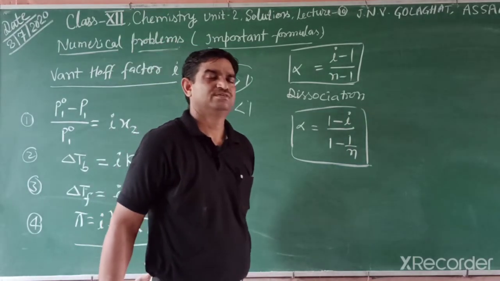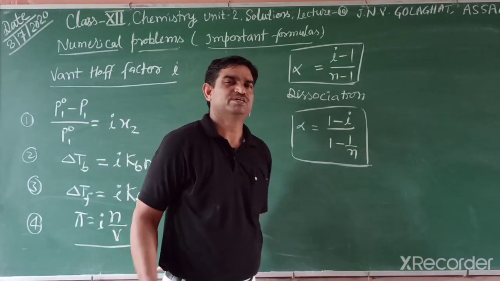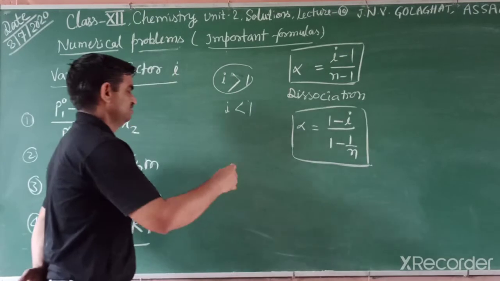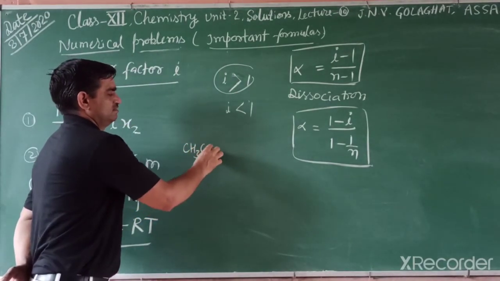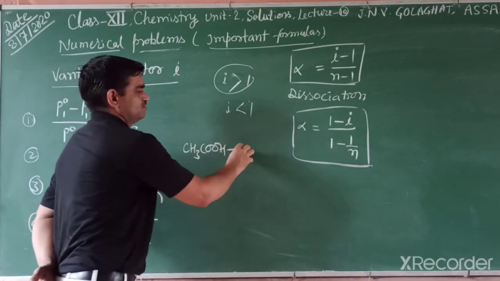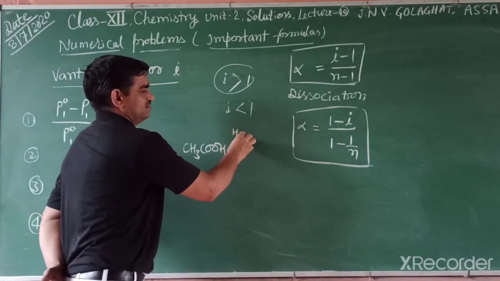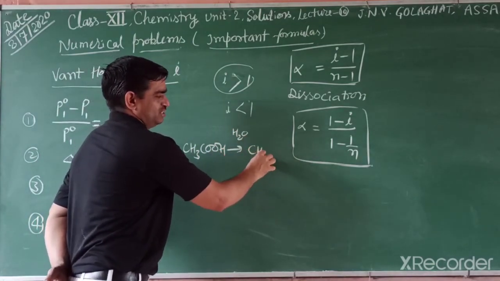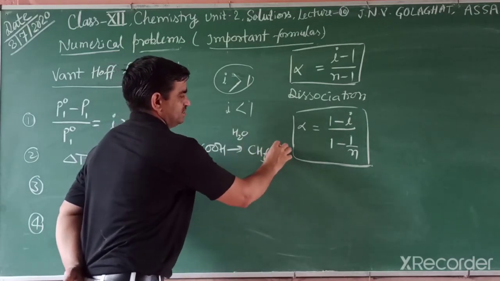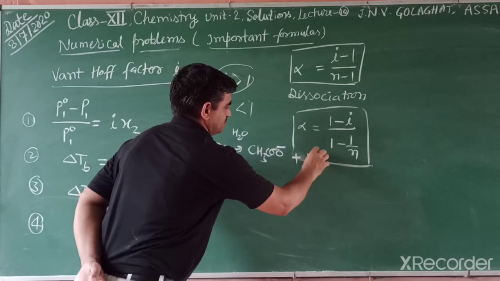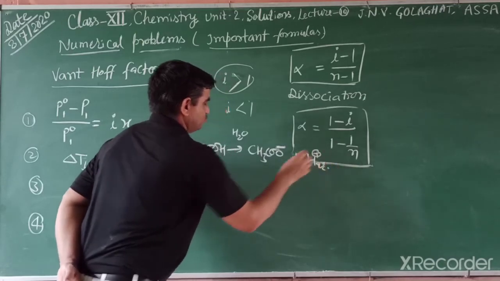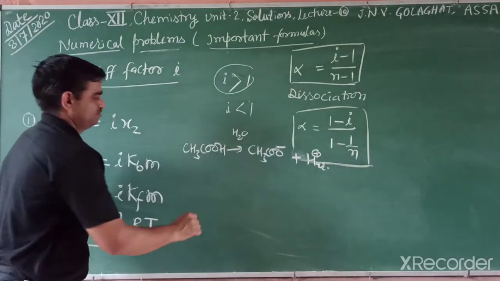Another one is the equilibrium expression. If any acid, like acetic acid, dissolves in water, it dissociates into its respective ions, acetate ion plus hydronium ion. How can we write its equilibrium expression?